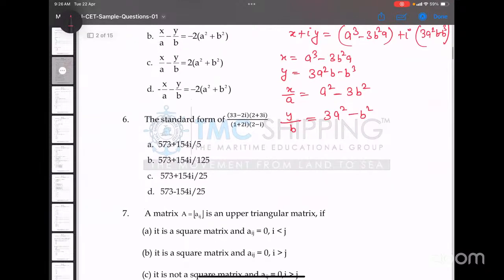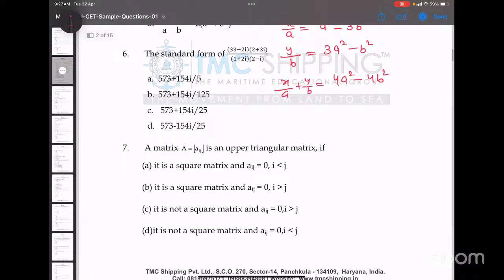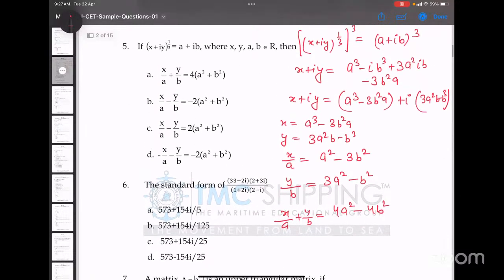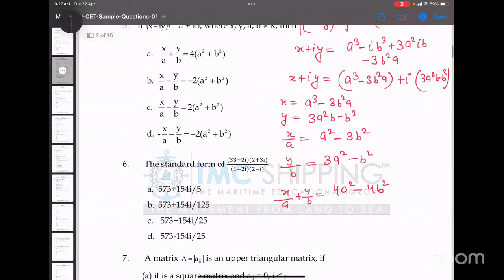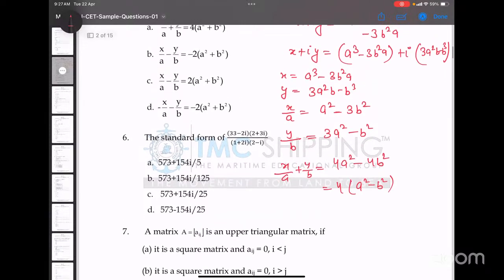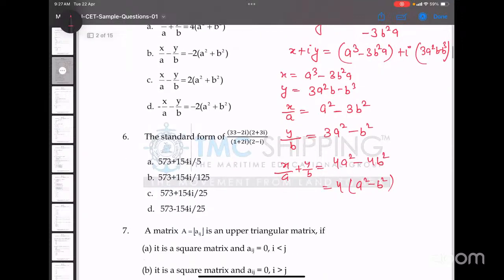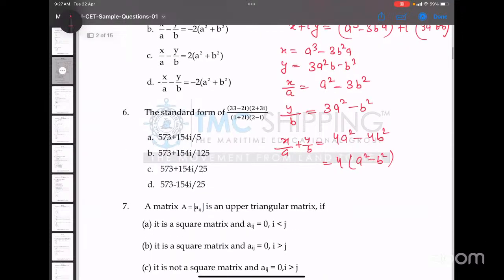And if you add them, x by a plus y by b will be 4a square minus 4b square. And if you take 4 outside, this will be a square minus b square. Is there any option like this? No. So I have to subtract it.